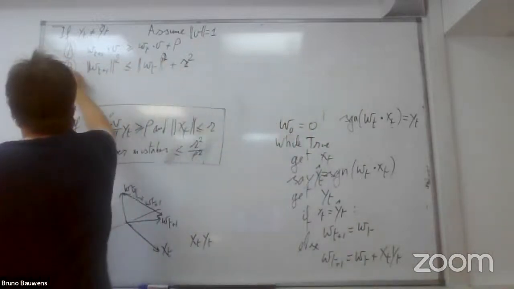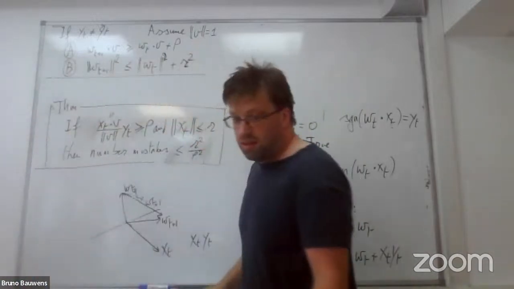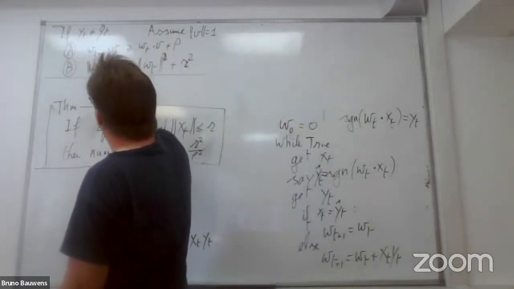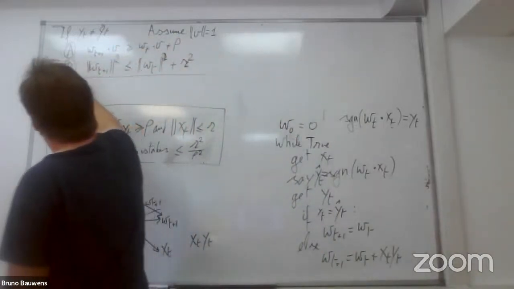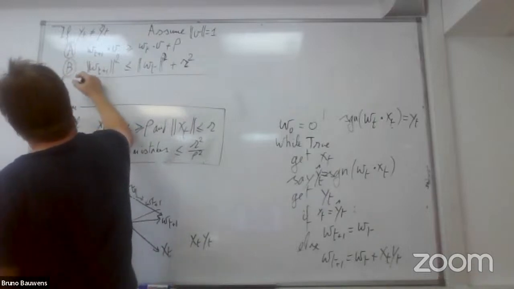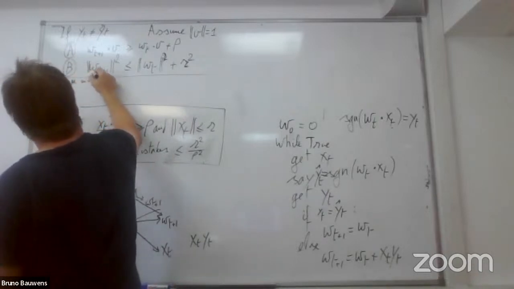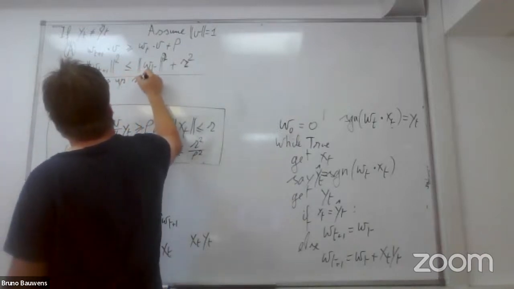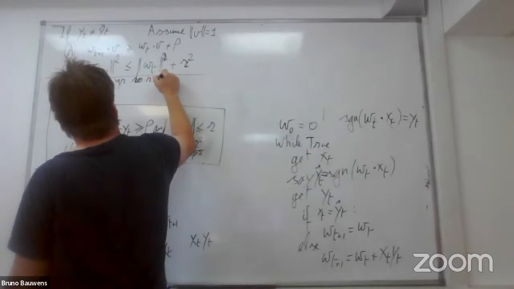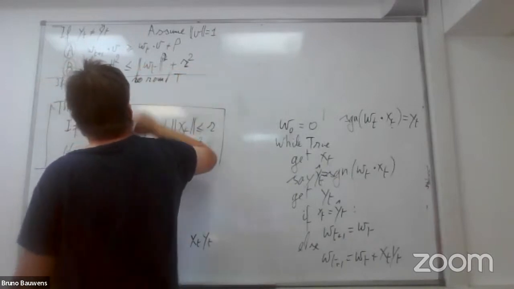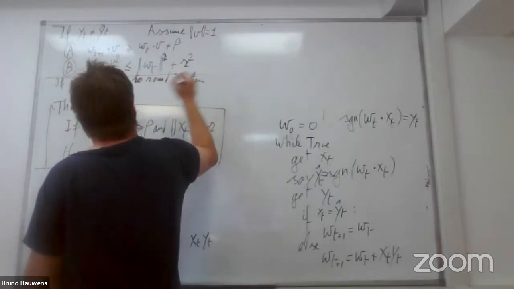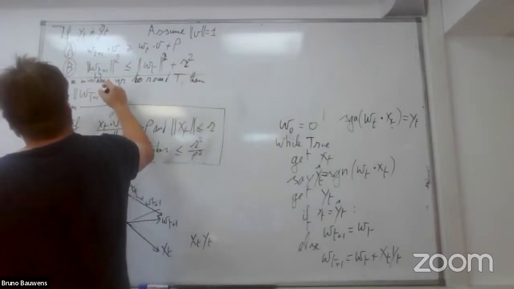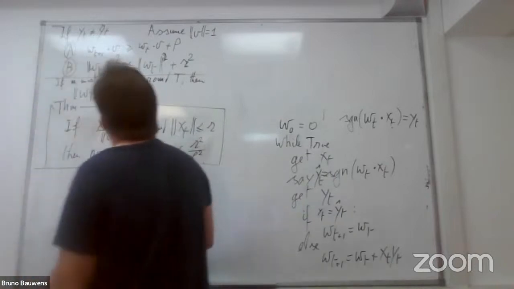So how do we get this? We will take the square of A. So let us look at it: if M mistakes up to round T, then W T plus 1, sorry.